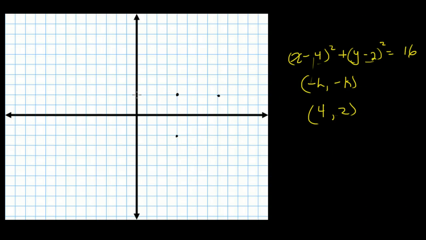I have a point there, and up again, 1, 2, 3, 4. And these are all connected by a nice, perfectly drawn circle with a radius of 4 and a center point of 4, 2.